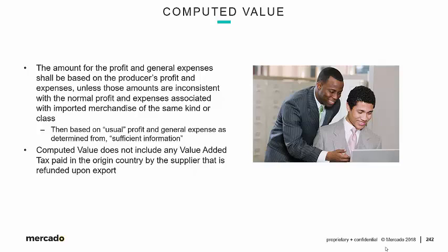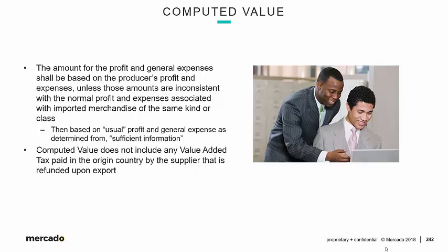We don't want to add too much profit and general expense to the computed value because that would inflate our entered value. Conversely, we don't want to add too little because that would undervalue the entered value of our merchandise. As such, sub-bullet, it is then based on usual profit and general expense as determined from sufficient information. That's customs terminology. What sufficient information means is a standard we won't enter into here.